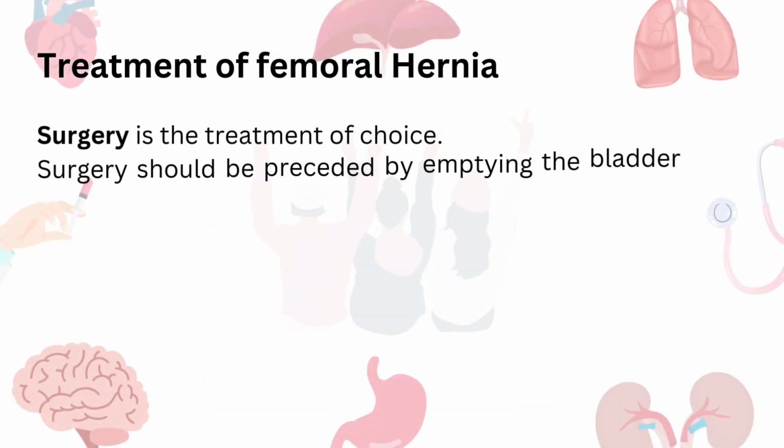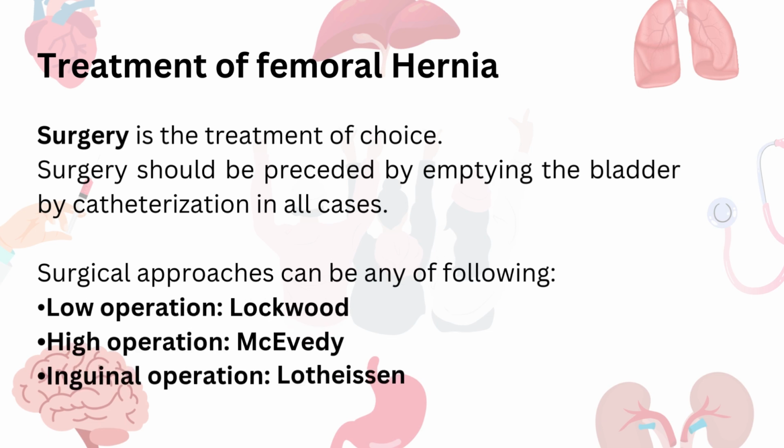Now comes the treatment of the femoral hernia. For femoral hernia or any type of hernia, the definitive treatment would be surgery, and you have to prepare the patient before the surgery by emptying the bladder with catheterization using a Foley's catheter, and you need to empty or decompress the bowel.